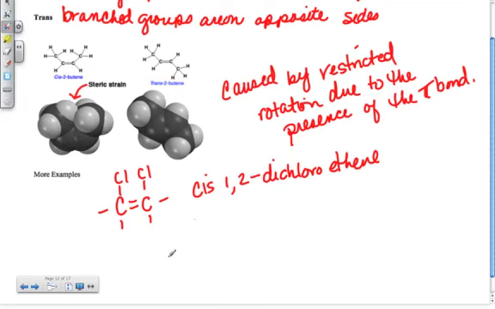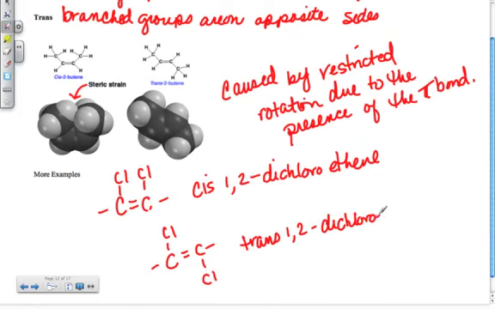And if I drew it like this, oh, I put too many carbons here. There we go. I have trans-1,2-dichloroethene.